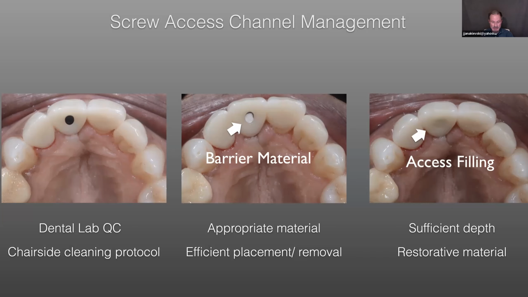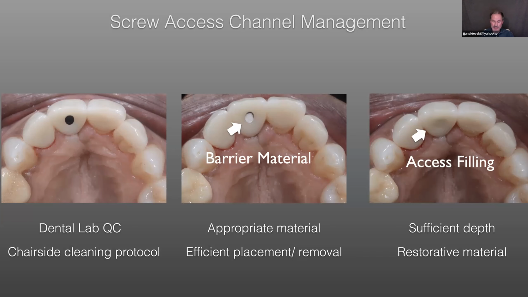I can tell you my experience is that with many of our local labs, even when they clean the restorations, when they steam clean them, they still come back with debris on them. So dental lab quality control is very important because that is the first step in minimizing contamination of the implant abutment interface. And then chairside cleaning protocol.